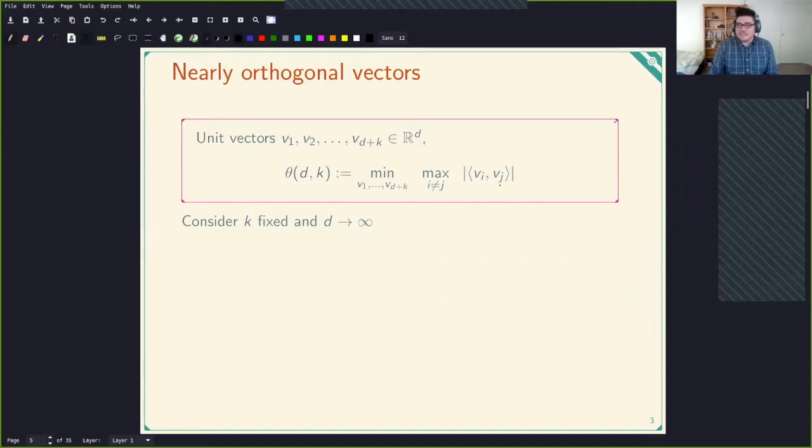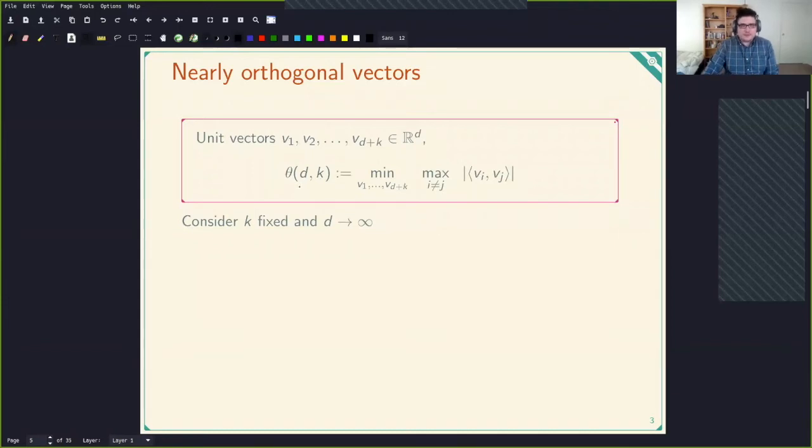The closer this is to 0, the closer the vectors are to being orthogonal. And I want the best configuration of d plus k points in R^d. So I have k extra vectors in R^d on the sphere, and I want to know how close to orthogonal they can be made. And this theta d,k is exactly this measurement.